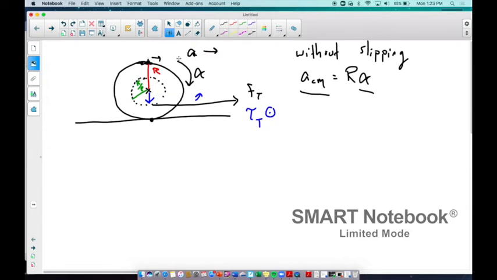Once again, how do I know that the rotational acceleration actually has got to be clockwise? It's because when things roll without slipping, this statement right here is true. So whatever the center of mass is doing, aka whatever the whole system is doing translationally, must correspond to what the rotational acceleration is doing. And because the whole system is accelerating to the right, I know that the rotation has to correspond to that, clockwise.